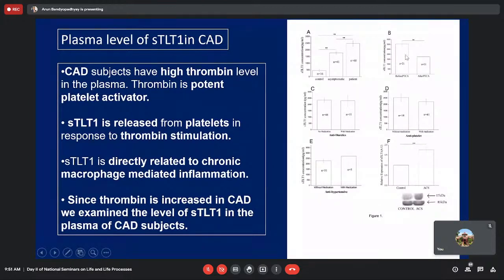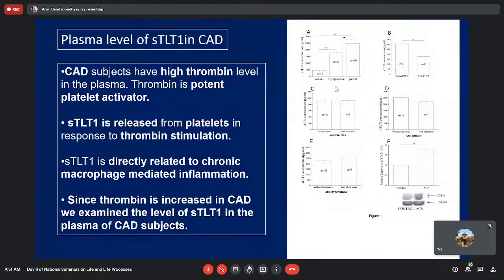It goes down to some extent when coronary artery angioplasty is done. So we collected samples before and after coronary angioplasty, and we also have control samples. At the same time, we have an interesting group, the asymptomatic group. These are people who are not diagnosed with coronary artery disease and are not going to the hospital with chest pain.